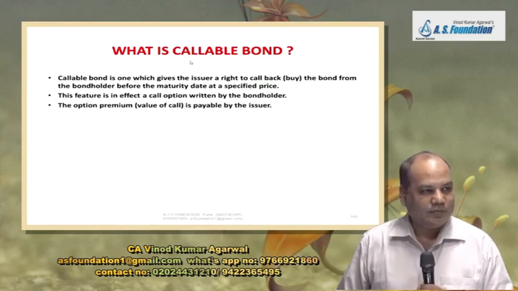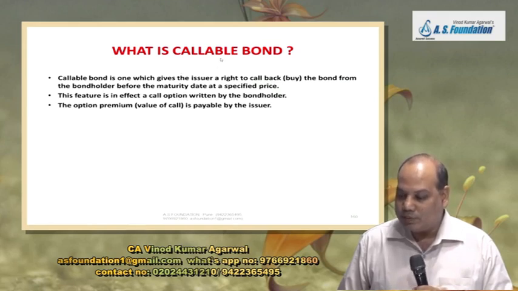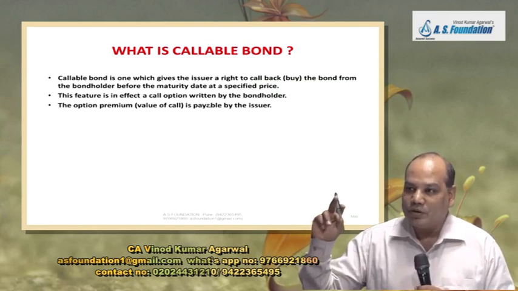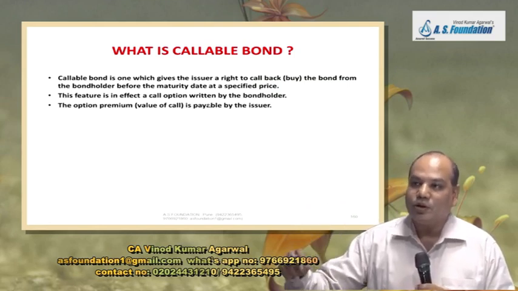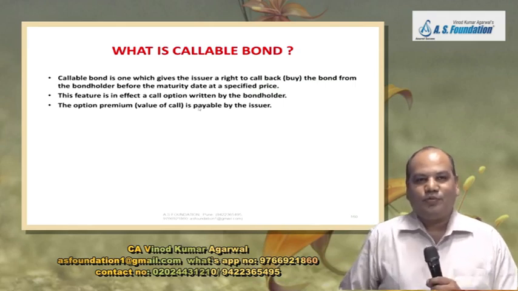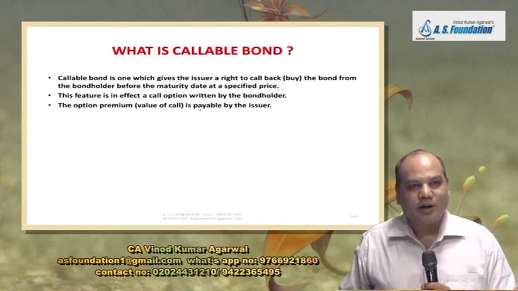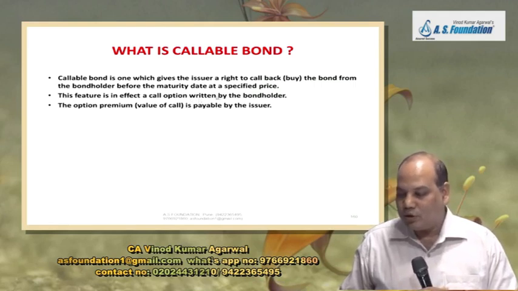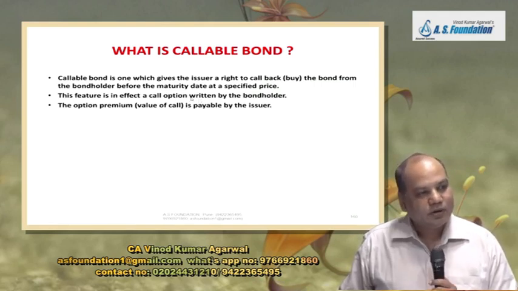The investor, the bondholder. So it will be deemed that the company is a call holder here and the investor or the bondholder is the call writer, because company has an option to buy the bond at some predetermined price on or before a certain specified date.